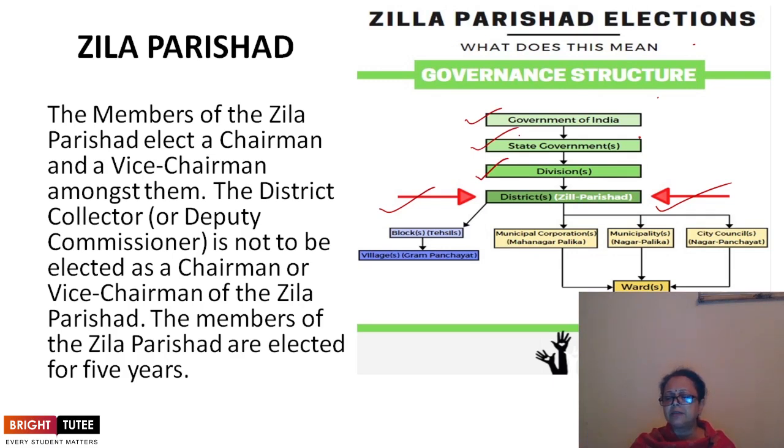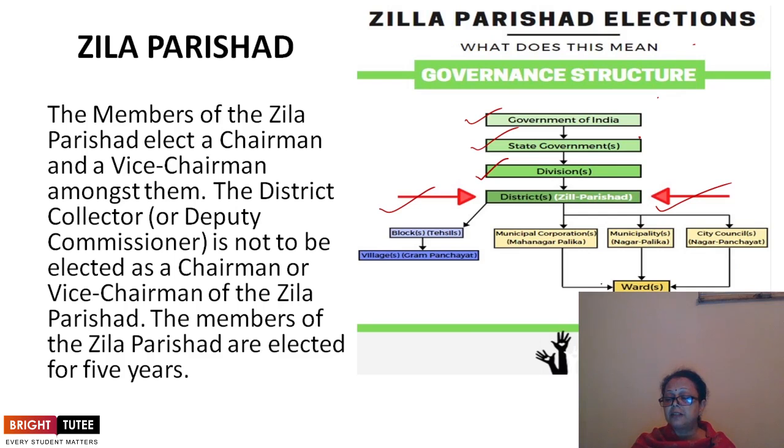Then, as already discussed, in urban areas we have municipal corporations, or Mahanagar Palika. Then we have municipalities, also known as Nagar Palika, and city councils, also known as Nagar Panchayat.